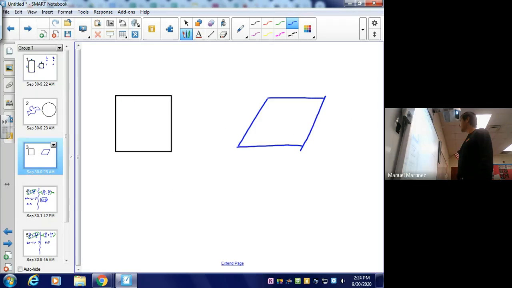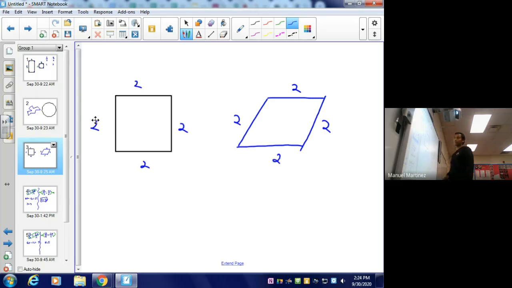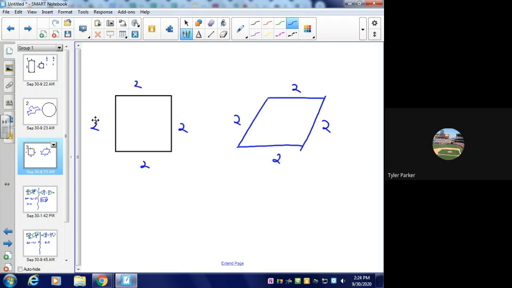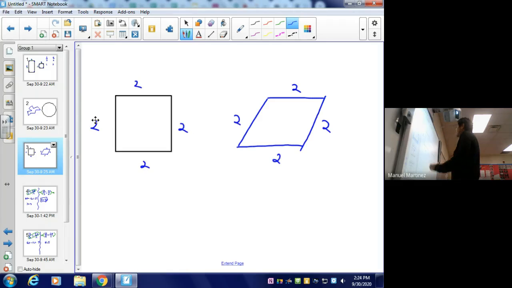Here is another example. Let's say every side here is 2. Are those figures similar? No, they're not, because the angles are not the same.